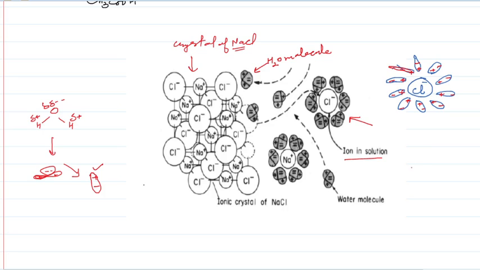Similarly, if you have Na positive in the center, that means it is a positively charged ion, it will be surrounded by the dipoles of water molecules, but this time the negative end of the dipole will be towards the Na positive.